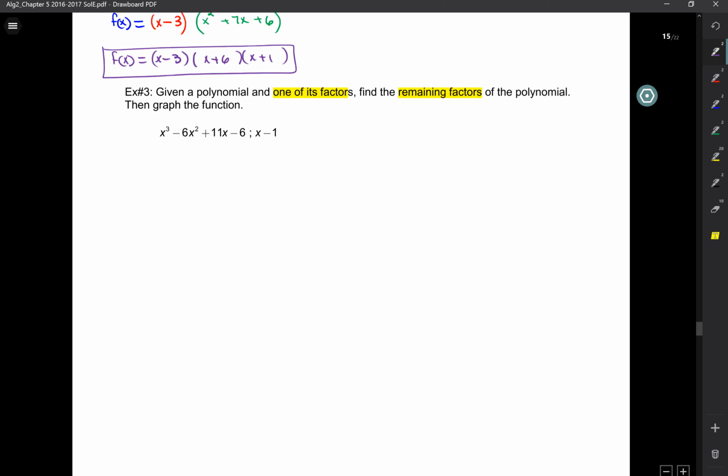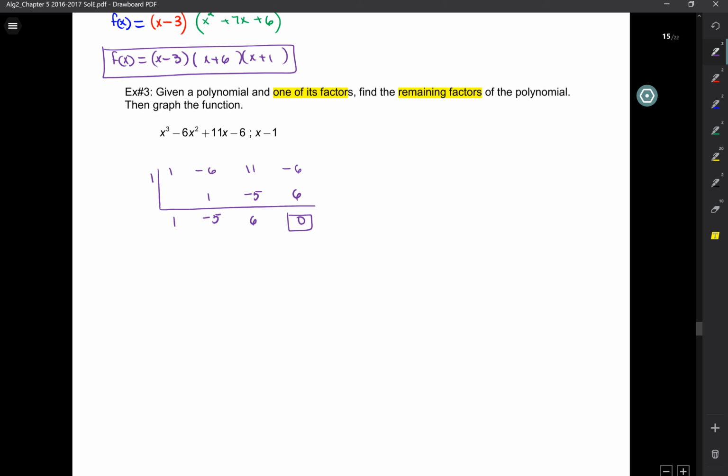Here's x minus 1, so I put a 1 here. My coefficients are 1, negative 6, 11, negative 6. 1 comes down, and I have 1, negative 5, negative 5, 6, 6, 0.